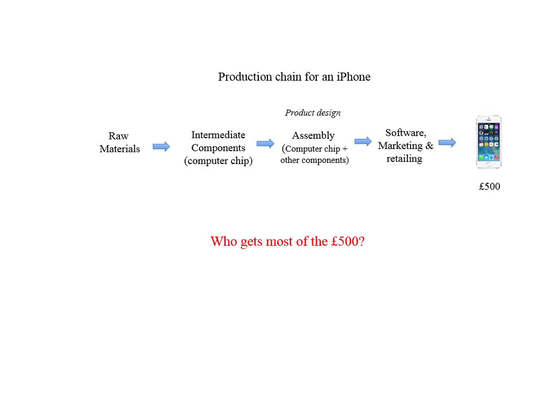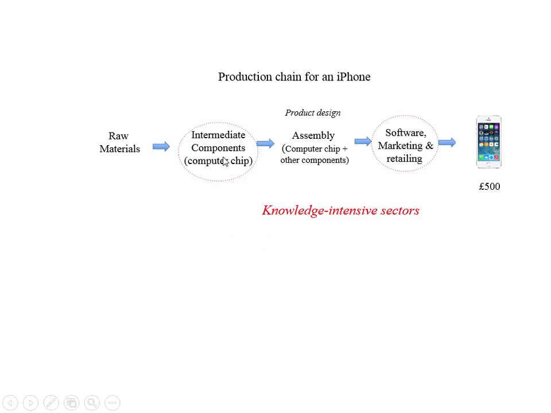Who else? 5. Assembly. Software and marketing. This one gets the most. So only 5 people got it right. The most expensive part in this iPhone is their brain, the computer chip.